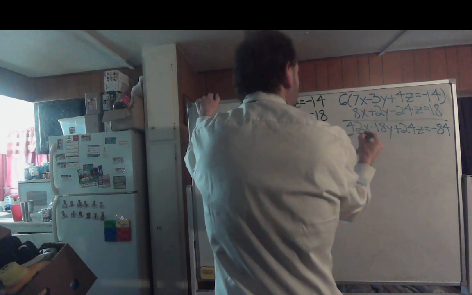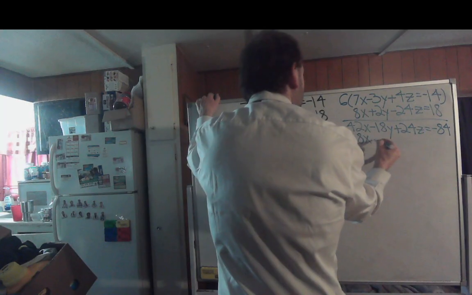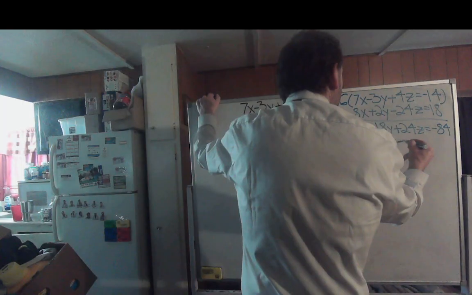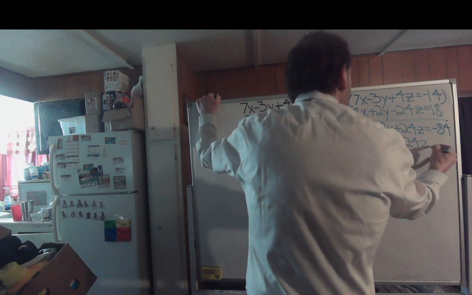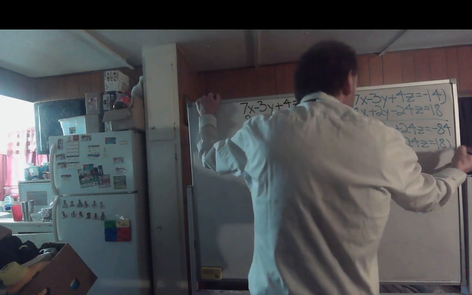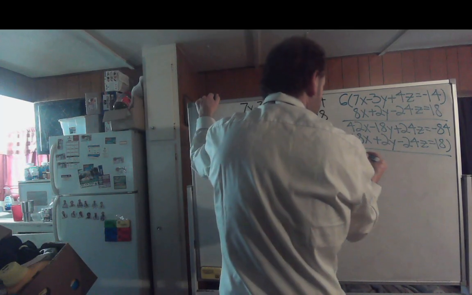And then you're going to have, of course, your 8x plus 2y minus 24z equals 18. Now just simply add your two equations together. You can eliminate the z variable. So 42x plus 8x, that's 50x.